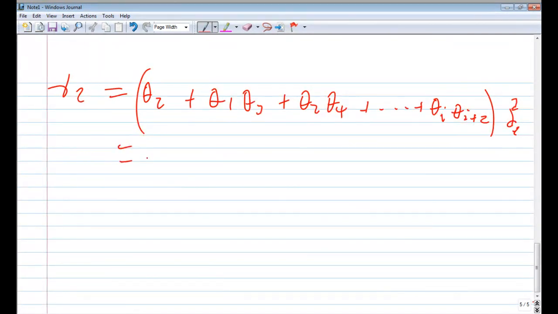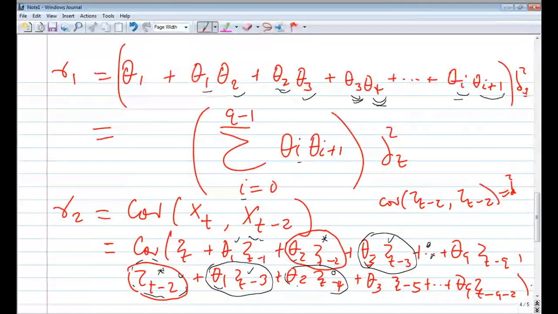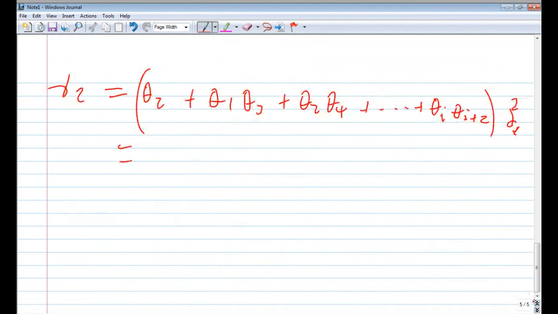Is it not to the power of 2? It's not squared, there is no squared there. Oh, it's my mistake, sir. Sir, where does theta 4 come from?